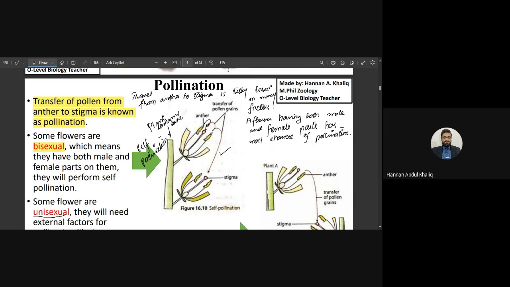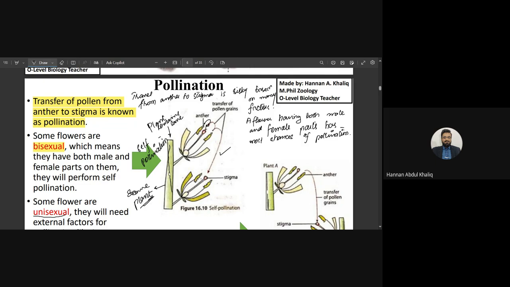Let me repeat it. When the anther is releasing the pollen and the pollen is falling on the stigma of the same flower, or the flower of the same plant, see, this stem represents that the plant is still the same.